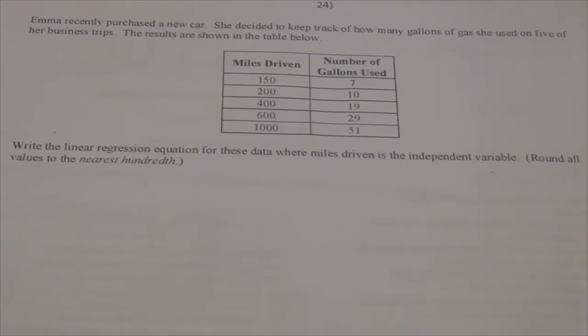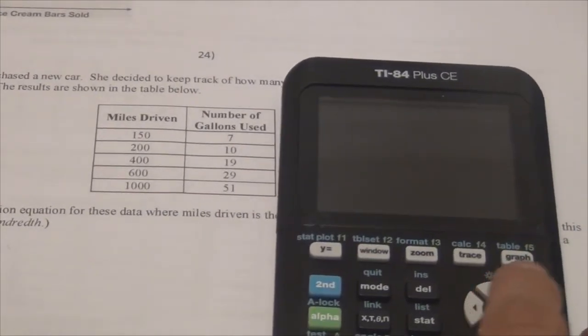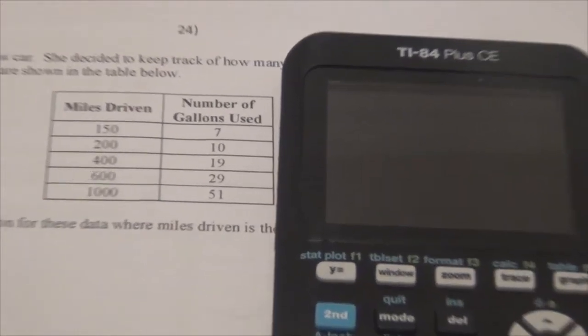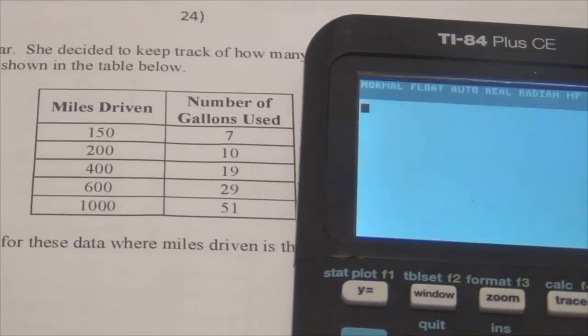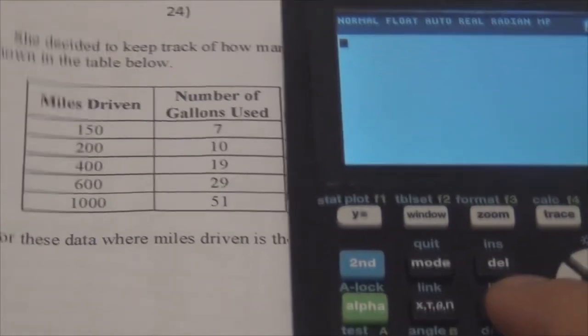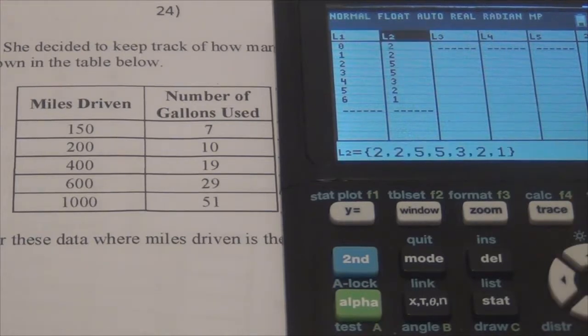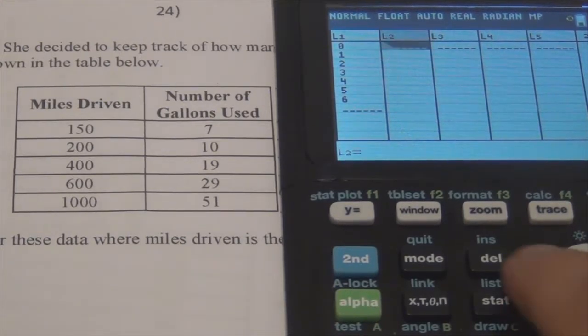So how am I gonna do this? Easy. Take the calculator. So we're gonna write a linear regression. Just remember that. So let's zoom in. Let's turn this baby on. Let's press the stat key. Now go up to L2, clear, go back down.